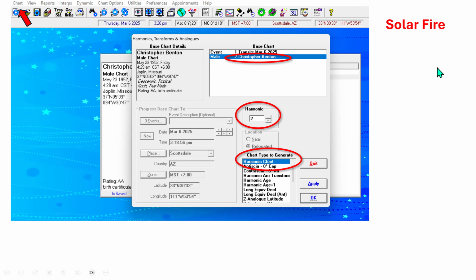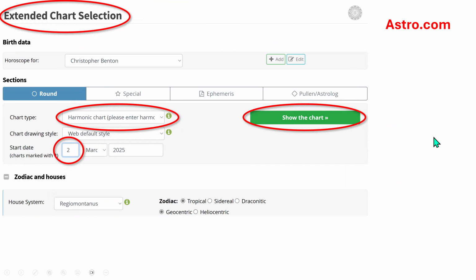If you're using Solar Fire, you have to go to charts and select harmonics. Then you select the chart you want to get a harmonic of. You have a variety of options here. Select harmonic chart, and then you can type your harmonic into this window, but you can only do one harmonic at a time.